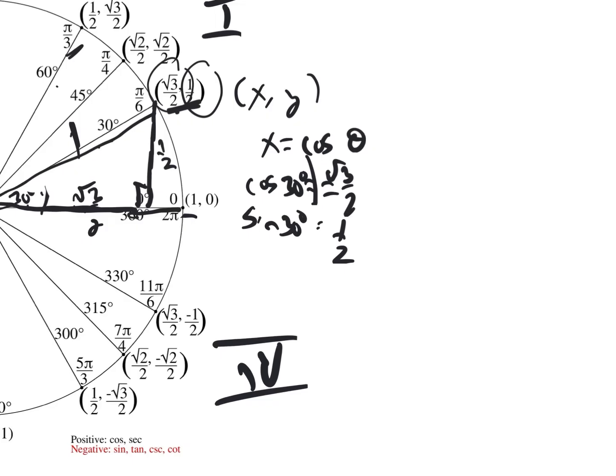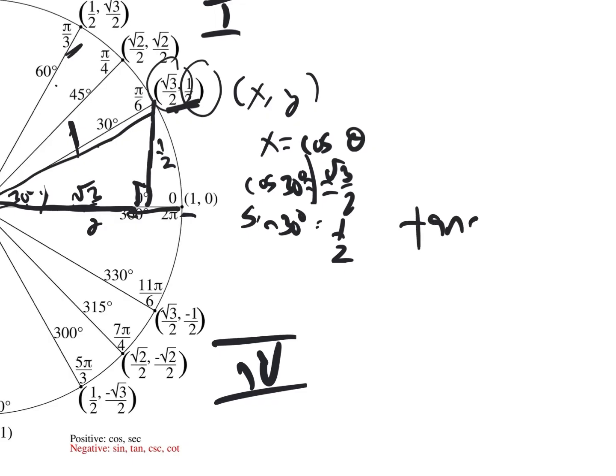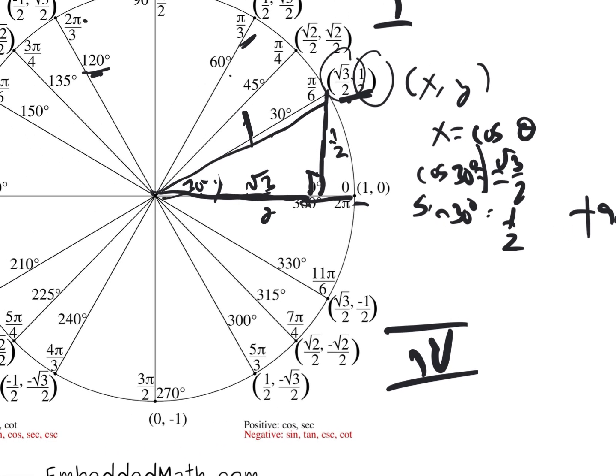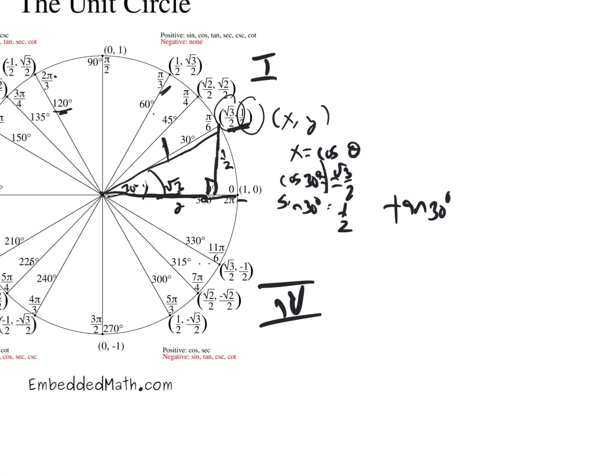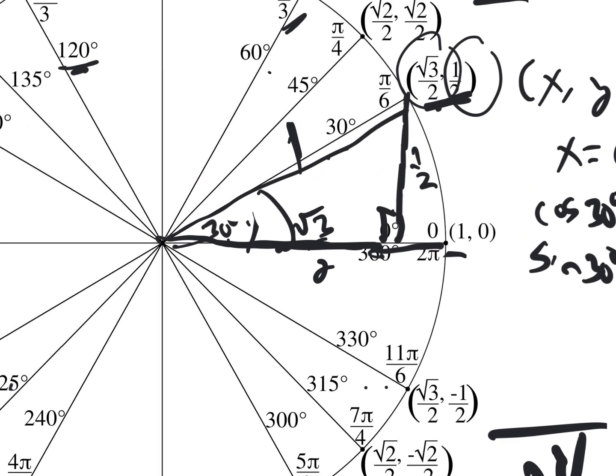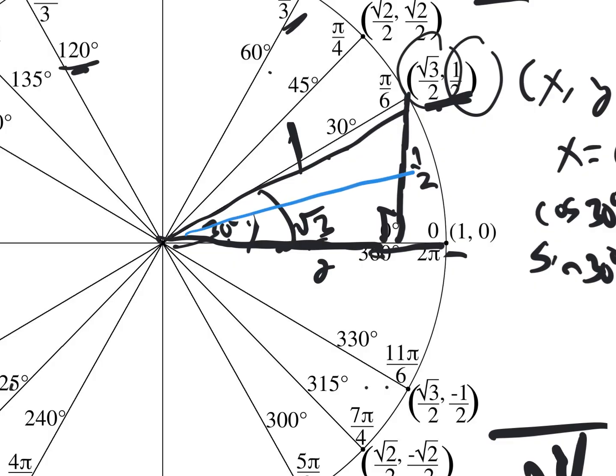While I'm there, the tangent of 30 degrees. Think about what this triangle says. Still 30. And I know tangent is the opposite over the adjacent. So looking over here, I see the opposite is the 1/2, which is my y, and the adjacent is my square root of 3 over 2, which is my x.